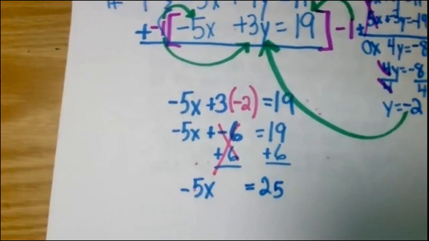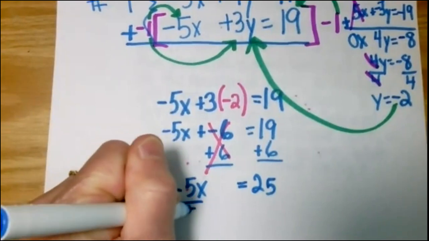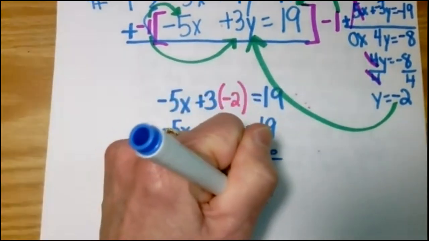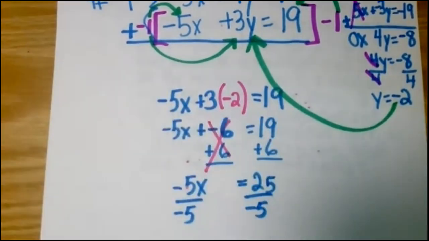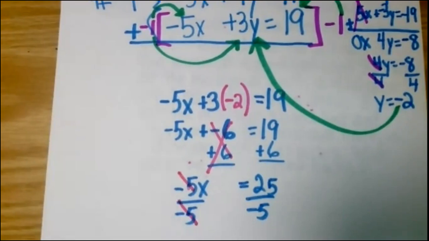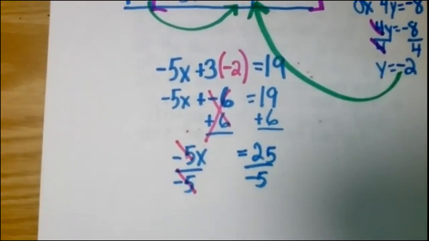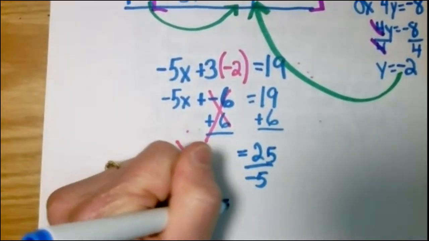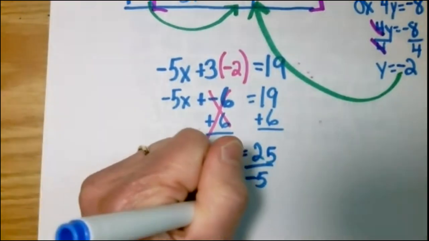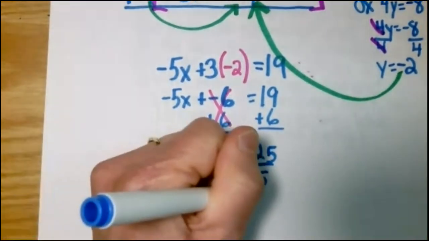Last step, I'm going to divide by -5. Be careful, you're dividing by a negative. -5. That's going to eliminate the 5's. You are now going to be left with an x equals 25 divided by -5, a positive divided by a negative will give you a negative answer of 5.